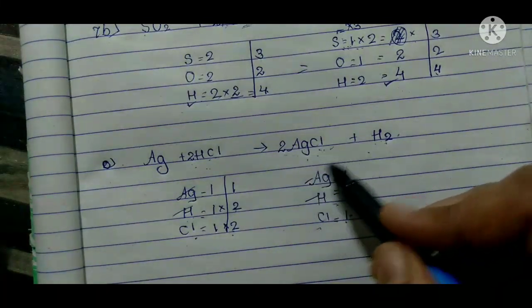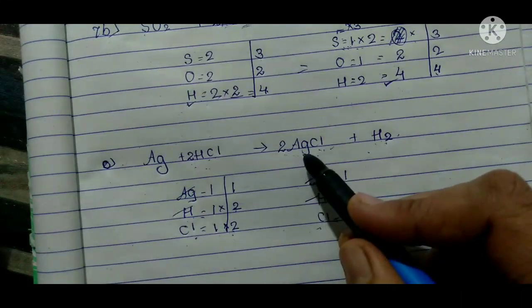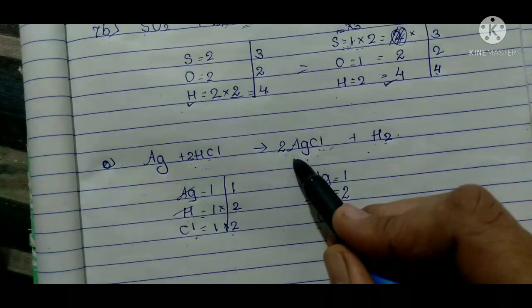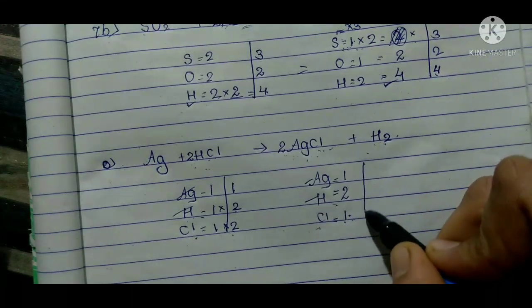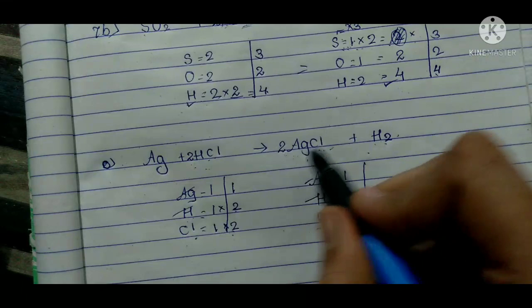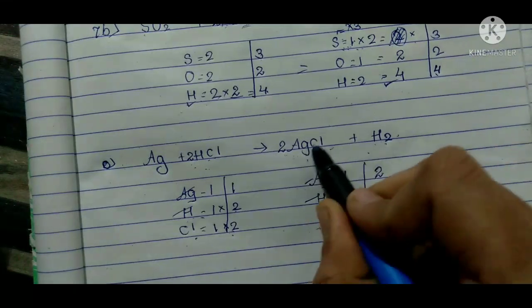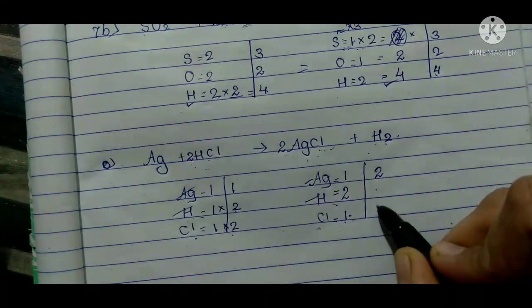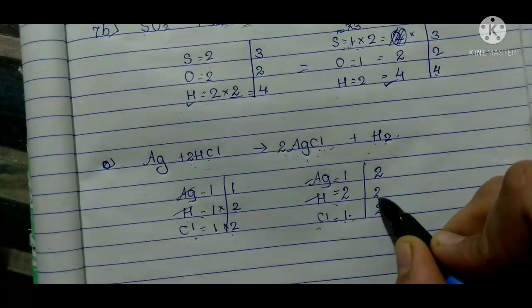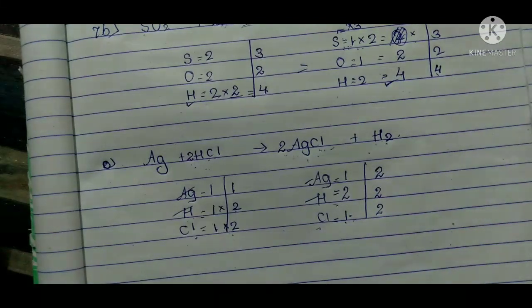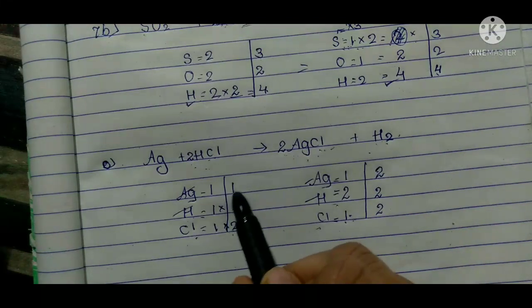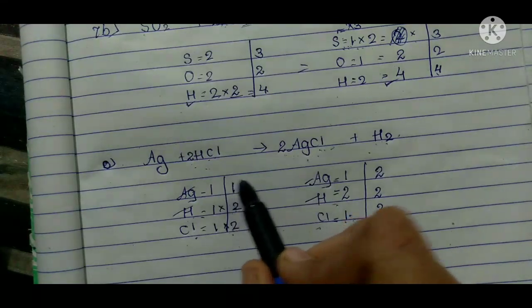As soon as you wrote 2AgCl, what did you find? The number of Ag changed. So I will write the new number here. Now see how many Ag? 2 silver, 2 chlorine and 2 hydrogen. Here I had only 1 silver, right? So I have to make the changes again here.